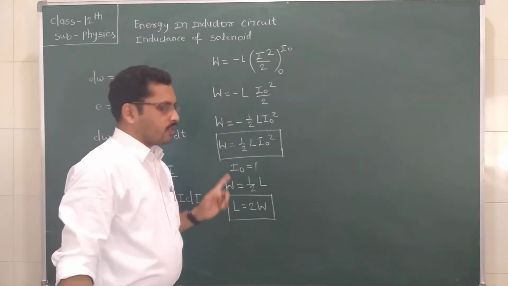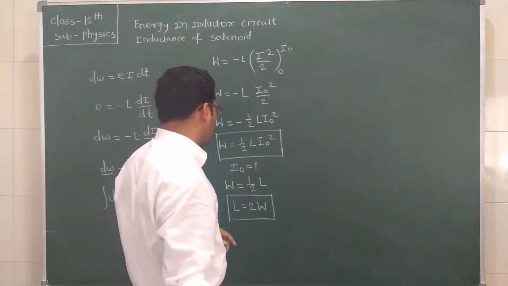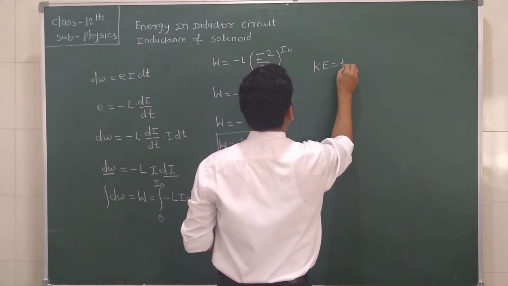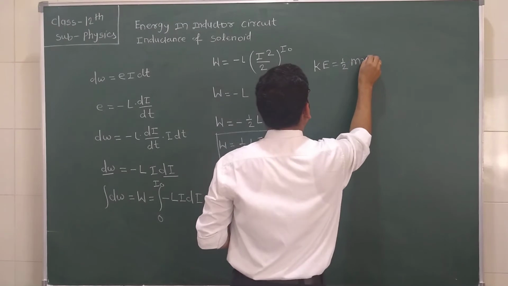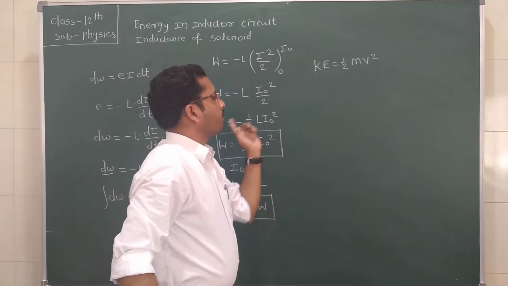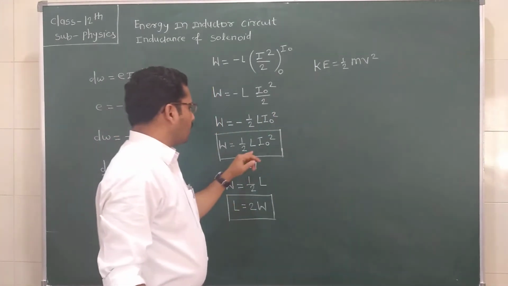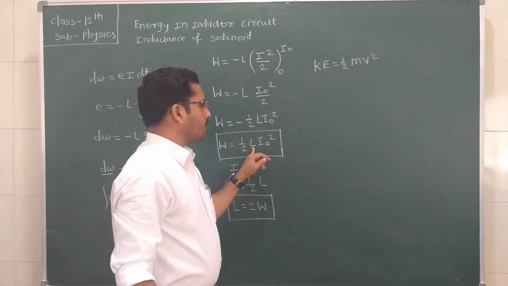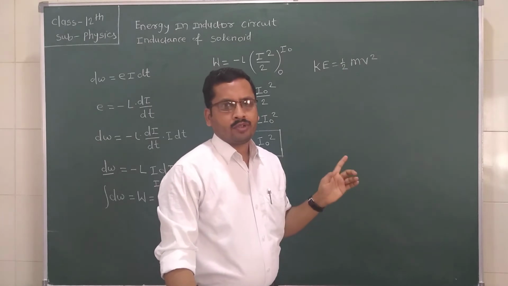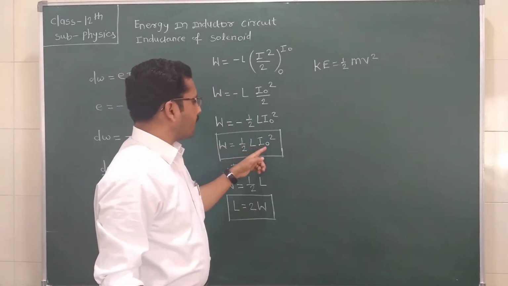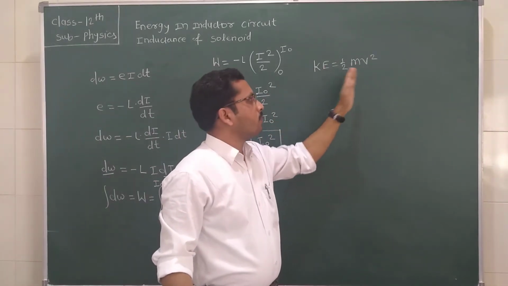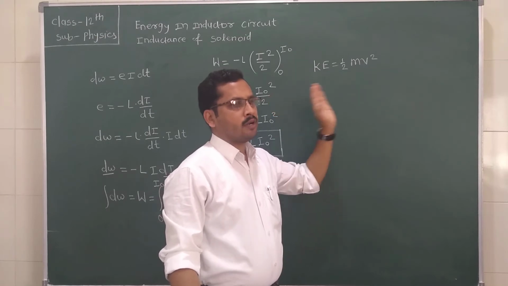Now if we know the equation of energy in a linear motion, kinetic energy is equal to 1/2 mv squared. By analogy we can say that the role played by the inductor in the electrical circuit is approximately equal to the role played by the mass in the linear motion, as well as the role played by this current I0 is equal to the role played by the velocity of the particle moving in a particular direction.